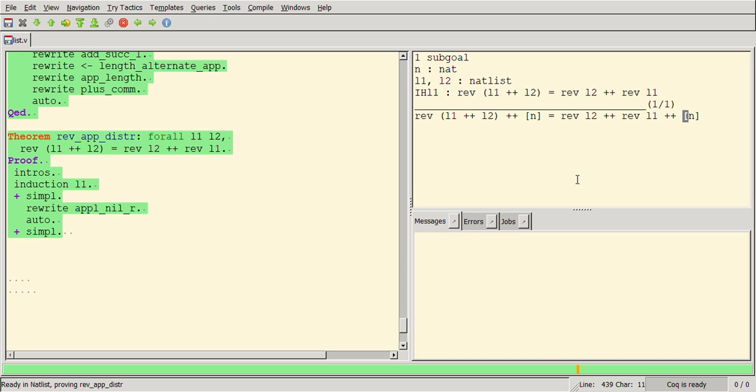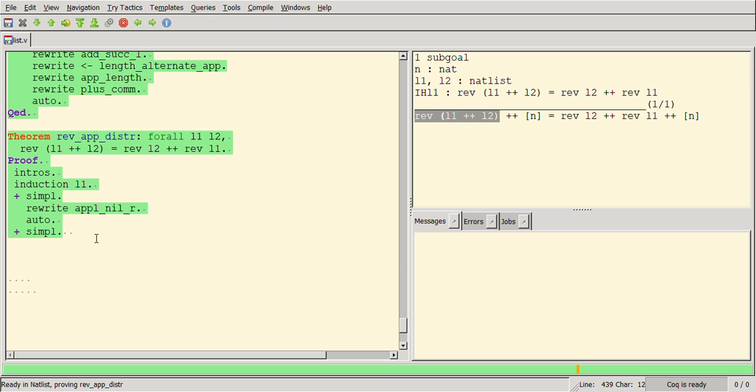Okay, so simplification gave us a familiar shape, and now we have reverse of L1 plus L2, reverse of L1 plus L2. This can be replaced with reverse of L2 and reverse of L1.